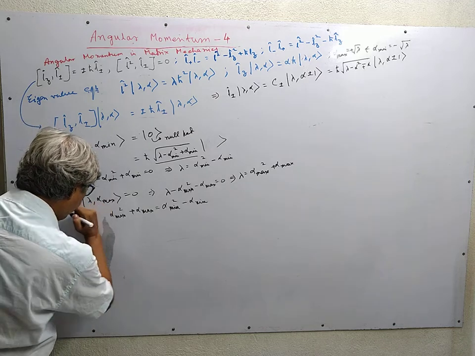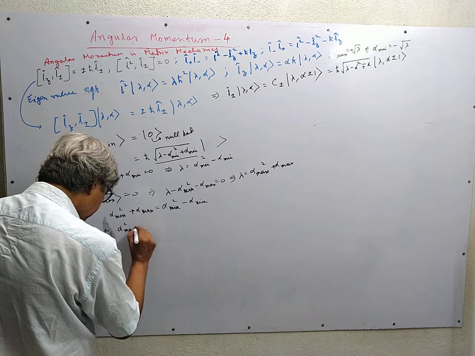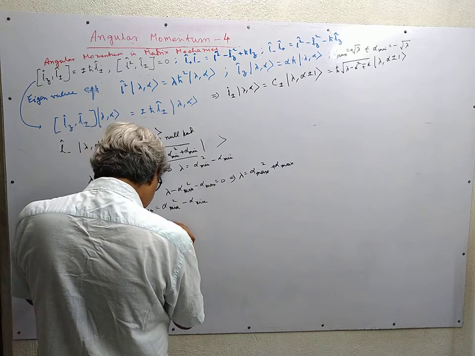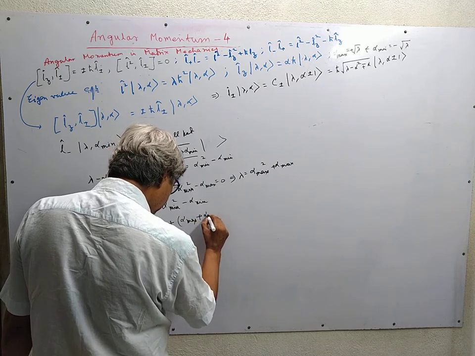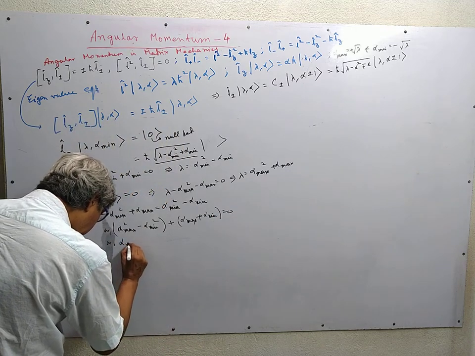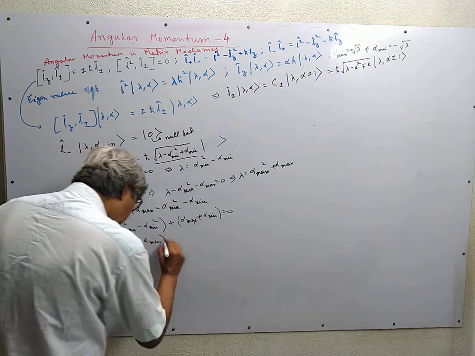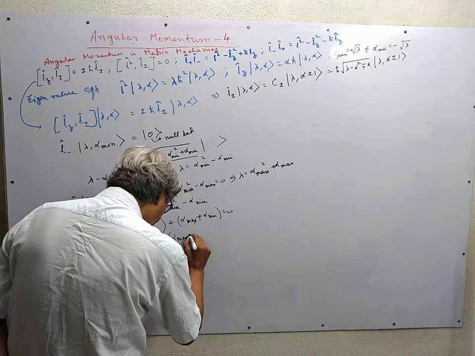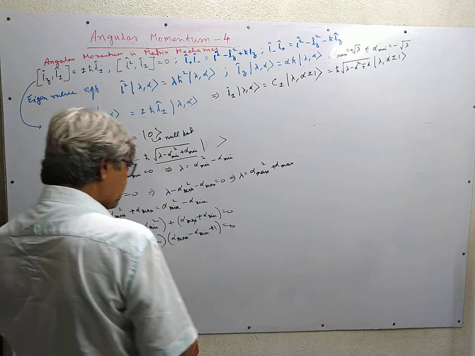So we write this, when this is taken on the other side, there are two possibilities.